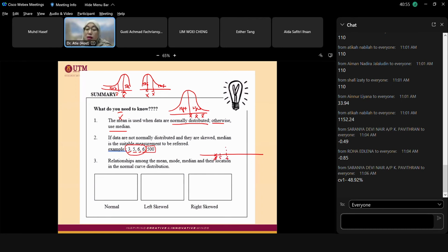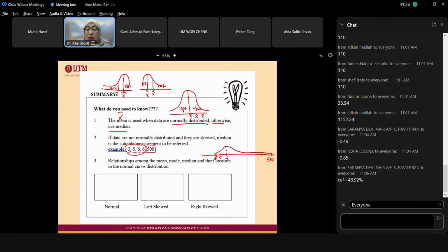Then suddenly, a long way to go, and you will see 500. Just imagine if you draw this and suddenly you need to drag all the way until you meet 500. So what happens? The data will not be normal. It's going to be skewed to the right.